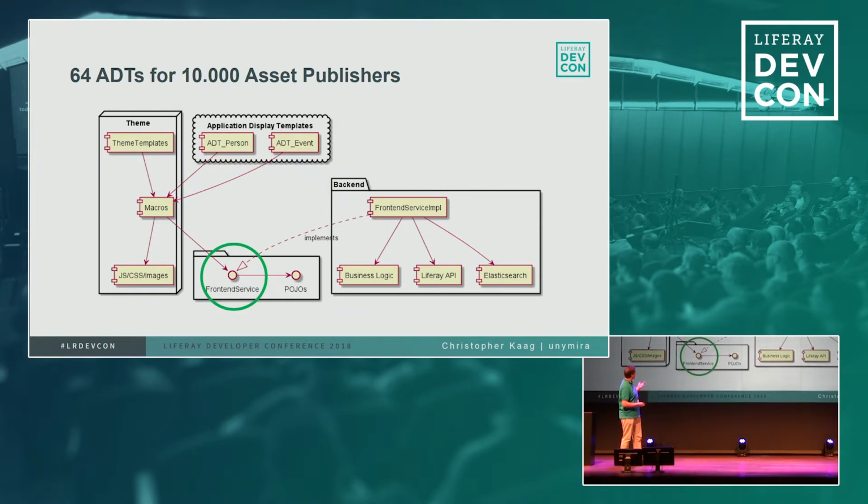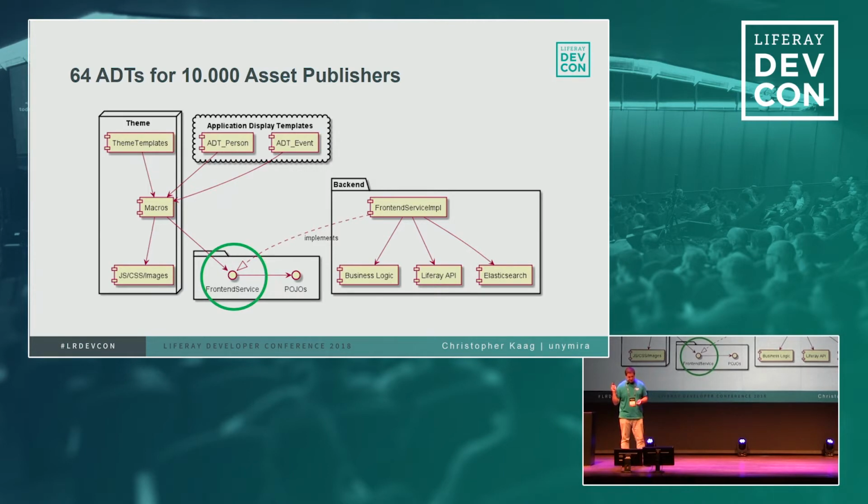One would be implementing the theme and the ADTs, but they would only be accessing or inputting any data via functions of this front-end service. Every function in this front-end service is well documented, strongly typed, well tested, potentially cached, and so on. So it's basically best-case code you can think of. And it hides every access to Liferay's API, to ElasticSearch, or to our custom business logic.